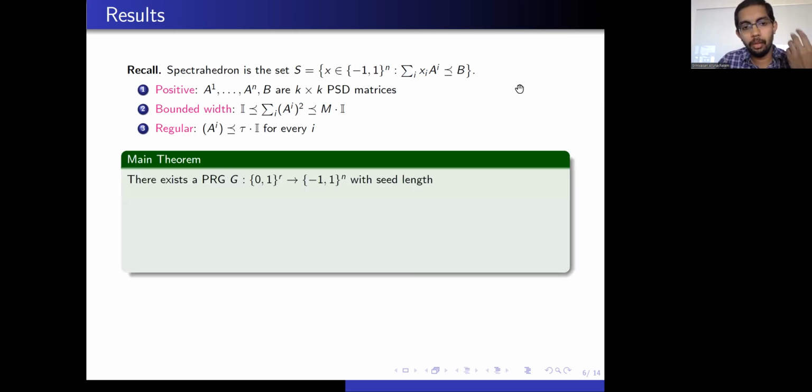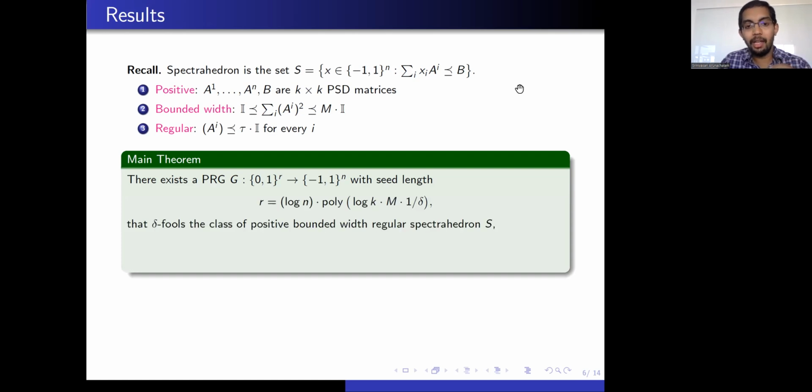Right. So the main result is the following. We give a pseudorandom generator G that takes r bits to n bits, where r, which is the seed length, is logarithmic in n, and polylog in k, M, and 1 over delta. Recall k is the dimension of these matrices Ai and B, and delta is the parameter with which G can fool the spectrahedra.